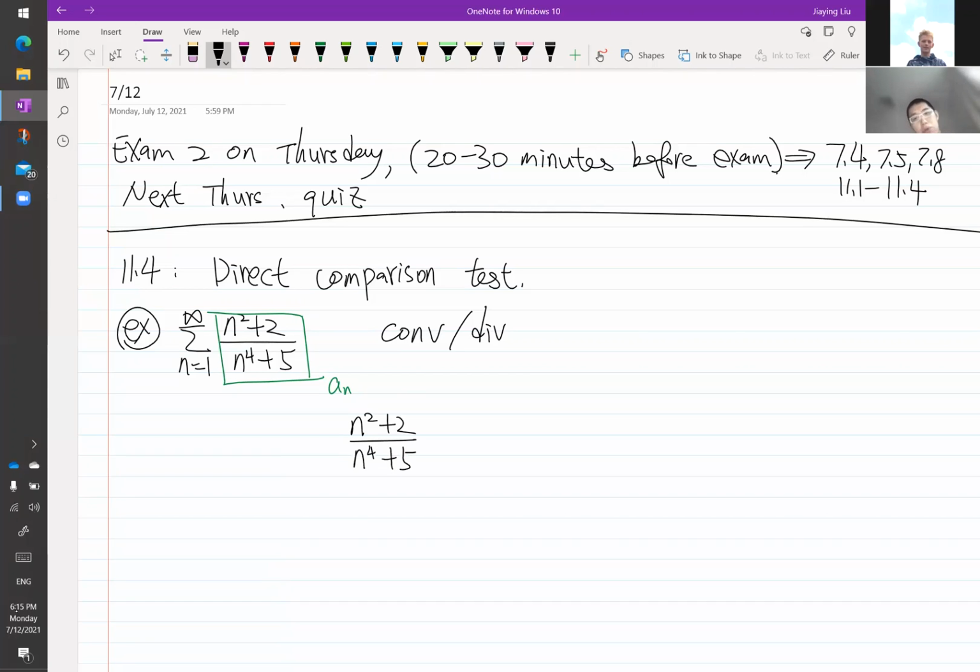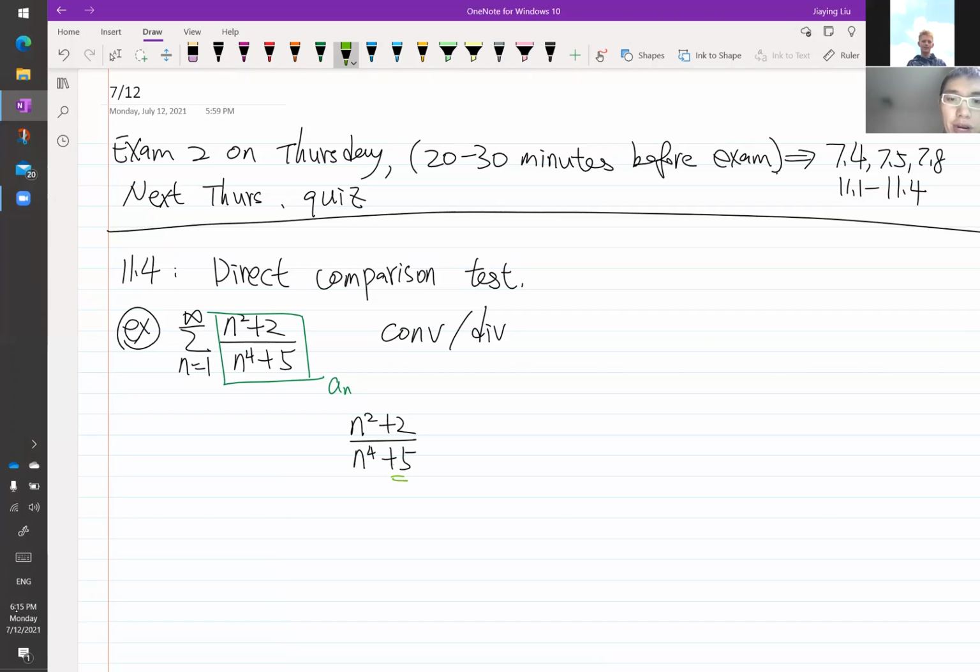If I lose the 5 that I'm adding to the denominator, the denominator gets smaller, so the values actually get bigger.